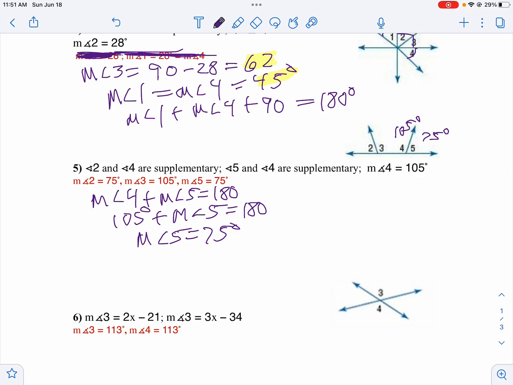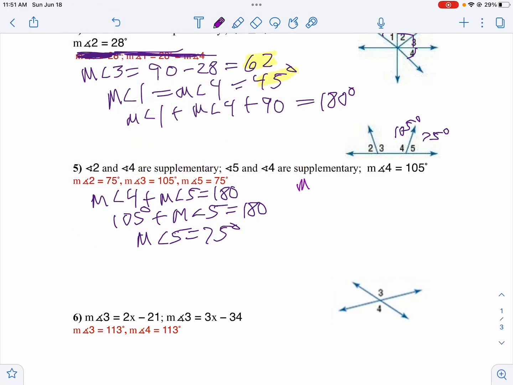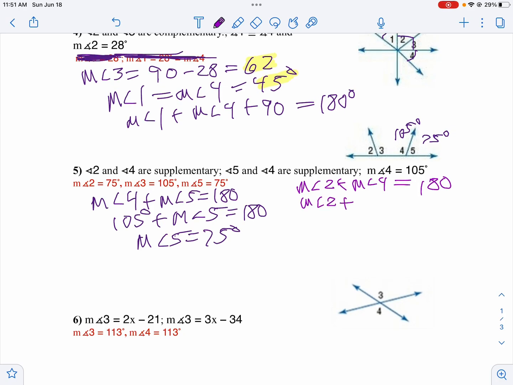Now I want to go back and find 2 and 3, but I know 2 and 4 are supplementary. So I know the measure of angle 2 plus the measure of angle 4 equals 180. Well, I don't know angle 2, but I know angle 4 is 105.